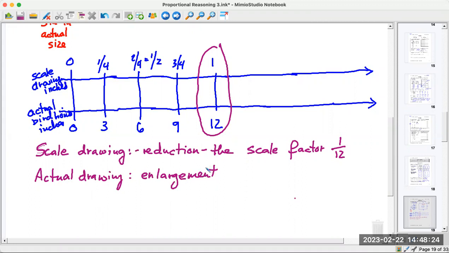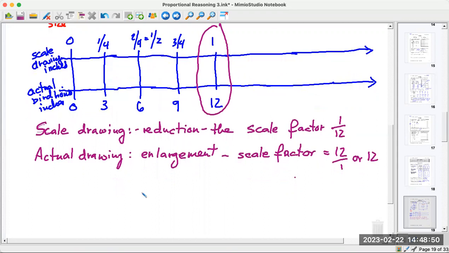It's an enlargement of the scale drawing, and the scale factor, because it's an enlargement, is the opposite. Scale factor is 12. Just the opposite of 1/12, it's 12/1 or 12. Notice the number is bigger than 1. So the bigger the number, the more you're getting it larger.